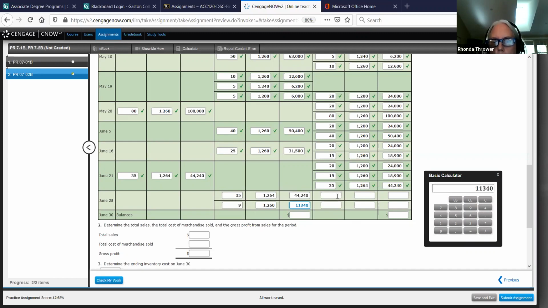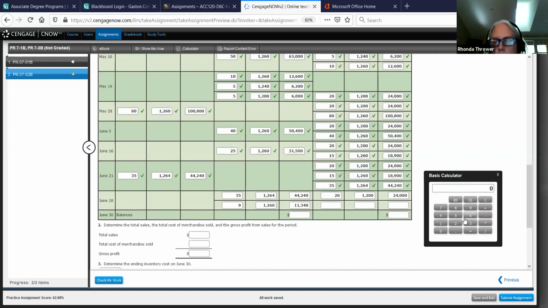And then we had all of these beginning inventory, the 20 units left in beginning inventory at 1,200, 24,000. Excuse me, that's not right, because we liquidated this 35. We sold 9 of the 15 units.